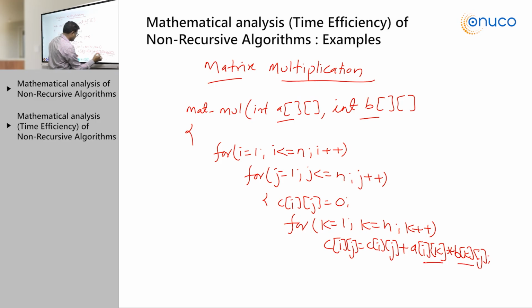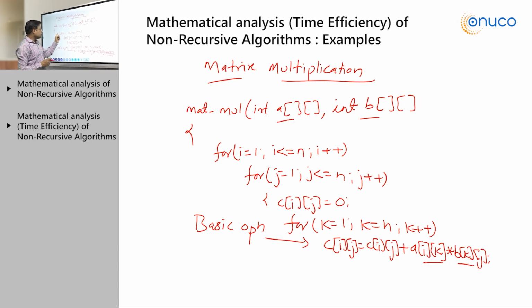So basically this is the basic operation as per our general plan. Then the input size, remember that here it is the number of rows and number of columns. If that is done, then you are going to write the summation expression.